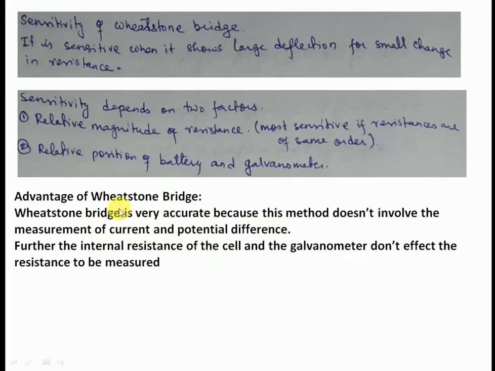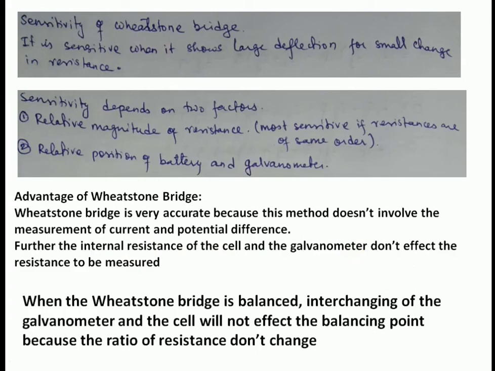But the Wheatstone bridge works on the null point method, so there will be no error due to the internal resistance of the cell and galvanometer. And when the Wheatstone bridge is balanced, if you interchange the position of the battery and the galvanometer, there will be no effect on the balancing point.